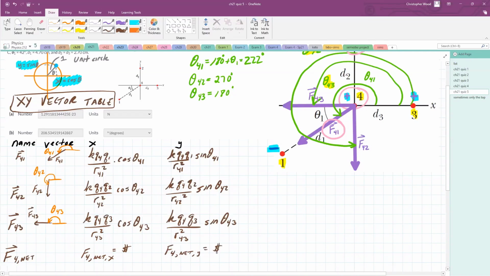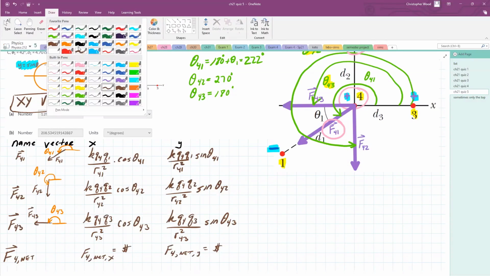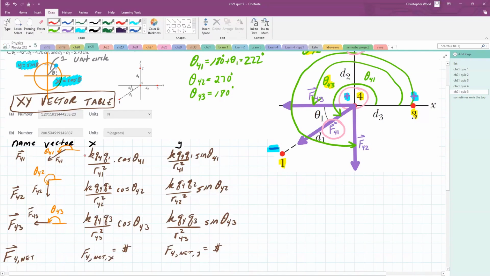Let's stick with the whole decomposition approach, because I can see that this component plus this component plus this component equals this component.